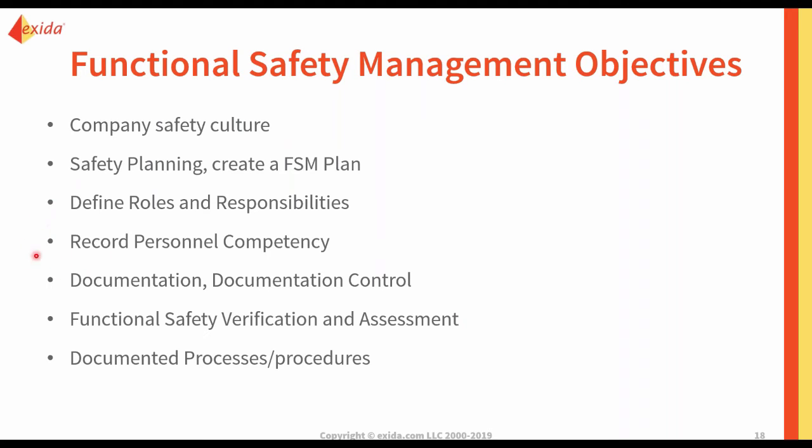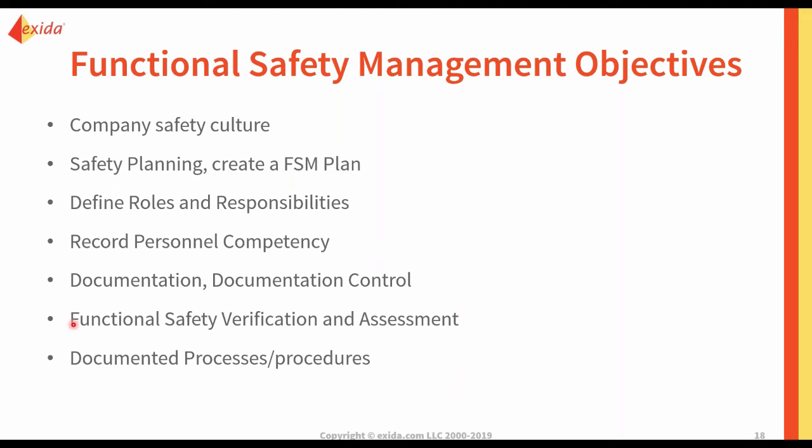The requirements and documentation of personnel competency ensure that you're able to show that the people completing the safety life cycle tasks have the necessary experience to do that, and also provide confidence in the results they come out with. Looking at the documentation and document control schemes, for each lifecycle task, the necessary output is documented, it's findable, and can be shown that those requirements are being met.